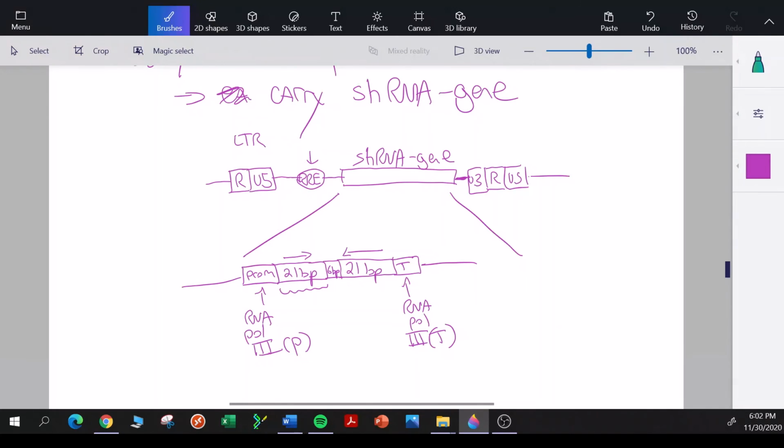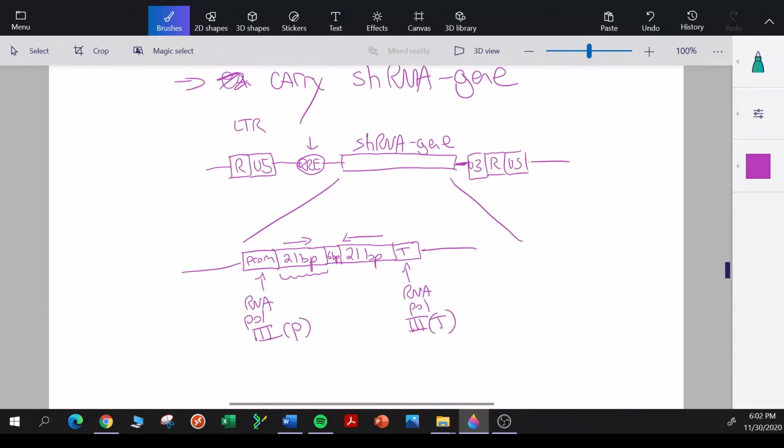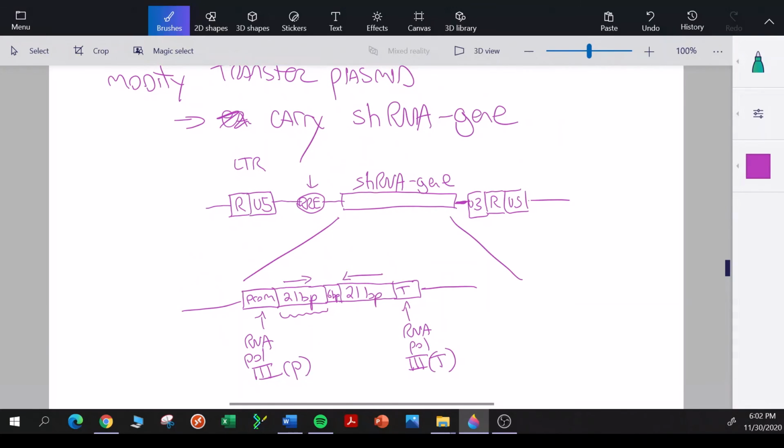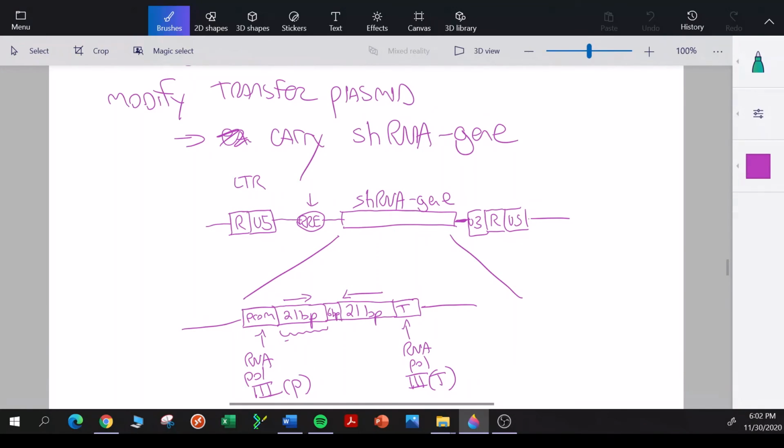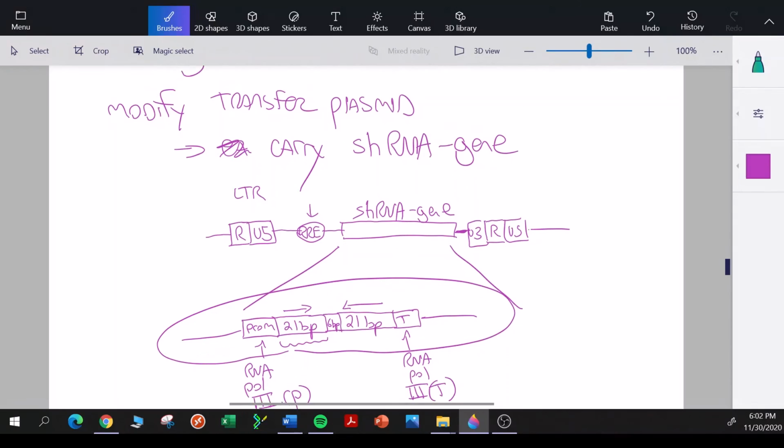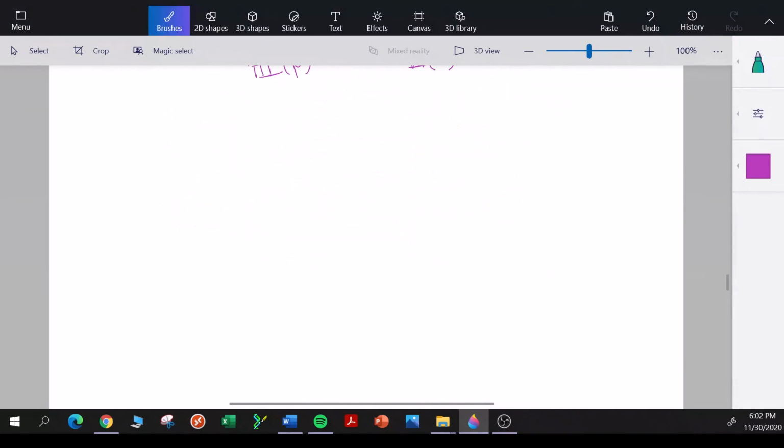And so what will happen is that when this is transferred into our target cell, let's say this is in the transfer plasmid. So we produce the lentiviral vector.